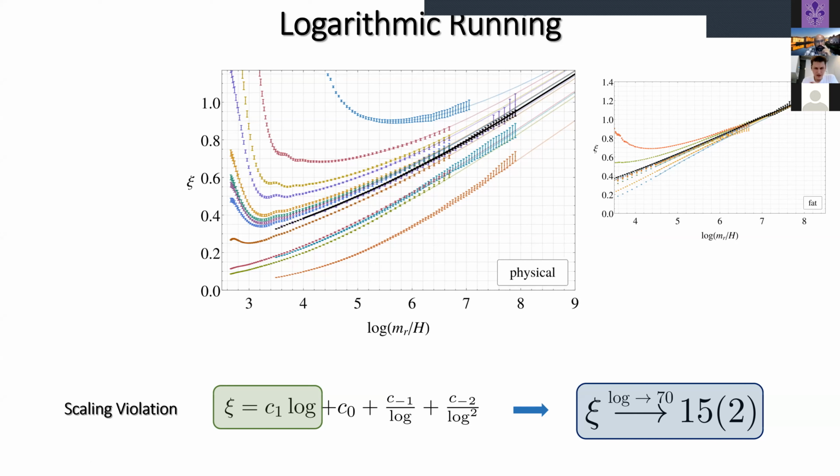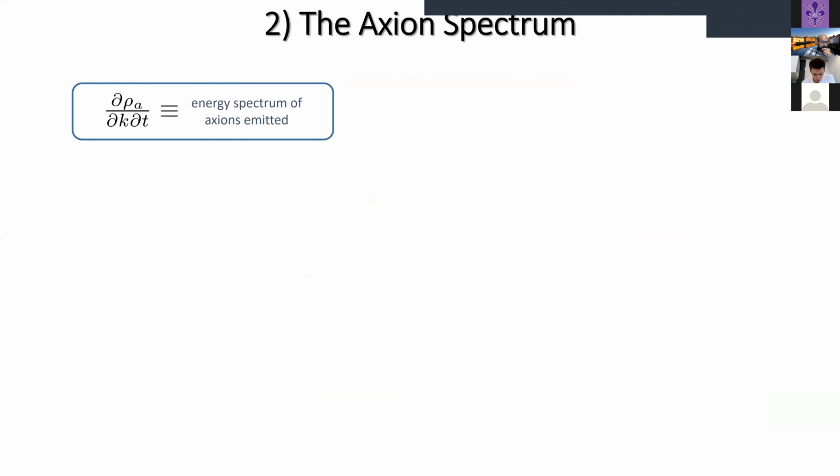Then, the system of global strings, which is axion strings, is expected to tend asymptotically at large log to a system of Nambu-Goto strings. And the simulations of Nambu-Goto strings actually show a much larger value of psi. This shows that this growth is compatible with the fact that the system of global strings tends to Nambu-Goto strings.